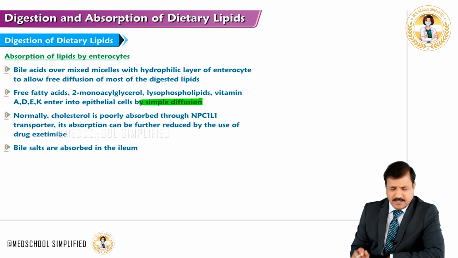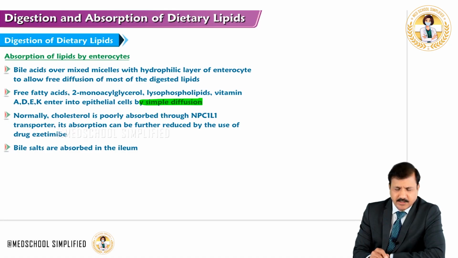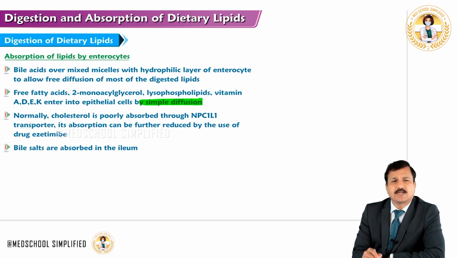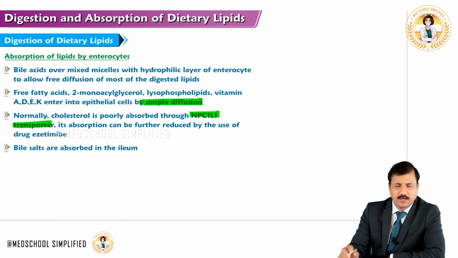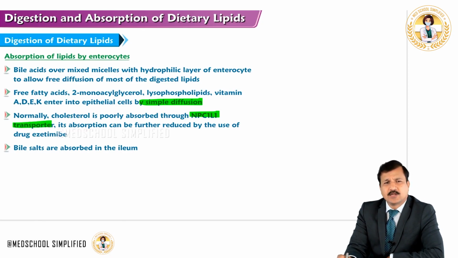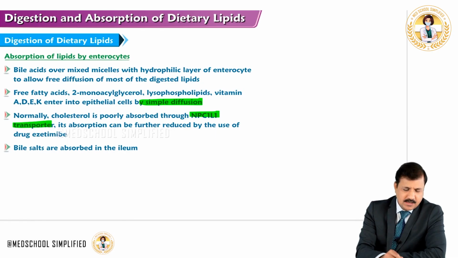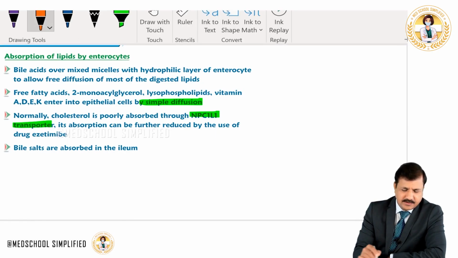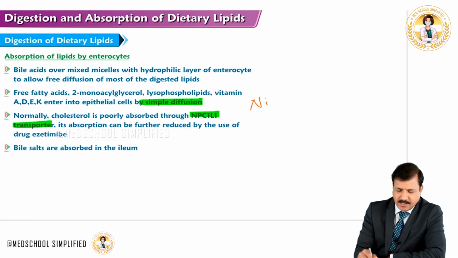Whereas cholesterol is a poorly absorbed molecule and that needs a facilitated transport mechanism, and that is done by a transporter called NPC1L1. And what is NPC1L1? NPC1L1 is Niemann-Pick C1 Like 1.